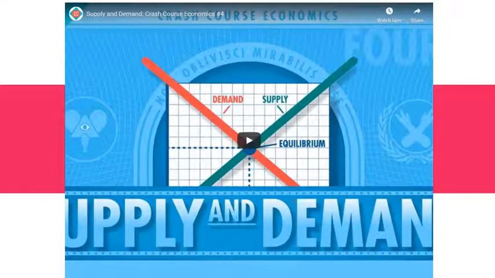You never want to go beyond that as the manufacturer, because if you go beyond that point, then what is going to happen is you're either going to end up with a surplus, that is product that you cannot sell sitting in a warehouse somewhere, and that's just money waiting to be spent. It's just sitting there.